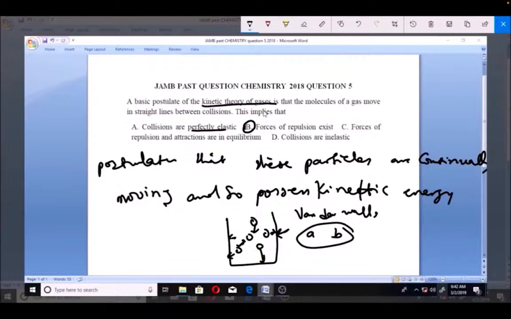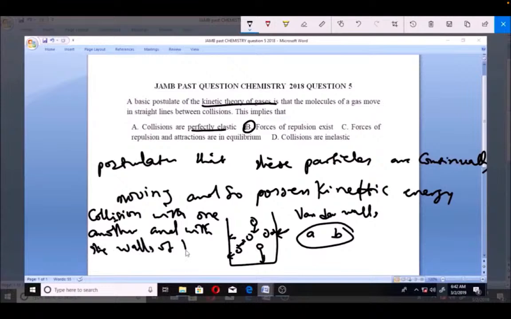So the postulate of kinetic theory of gases: particles are continually moving, and so they possess kinetic energy. Now, what actually happens is that the gas molecules will collide with one another. So there is always collision of gas molecules with one another, and also with the walls of the container.